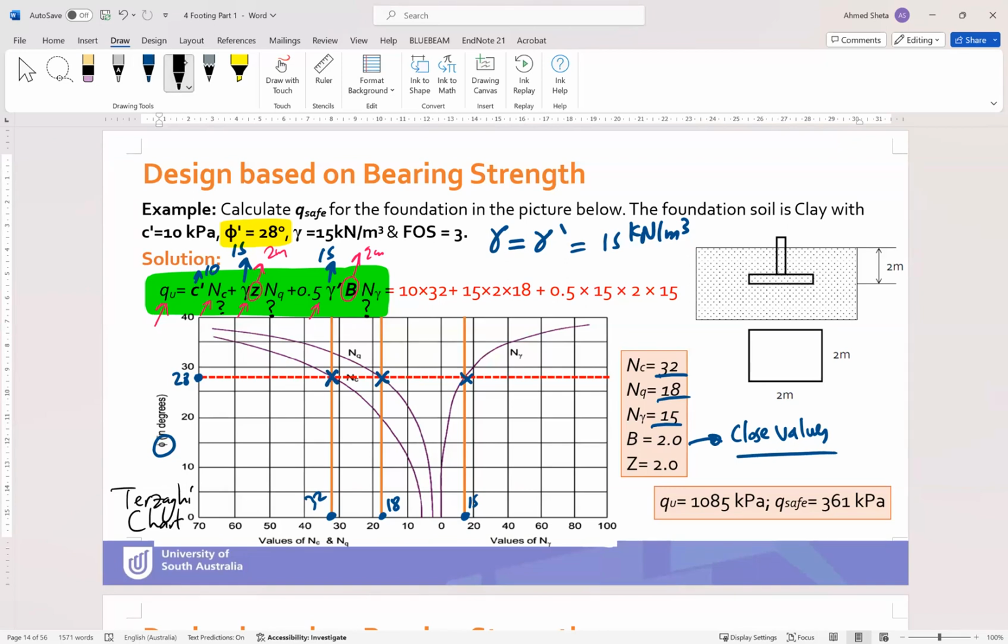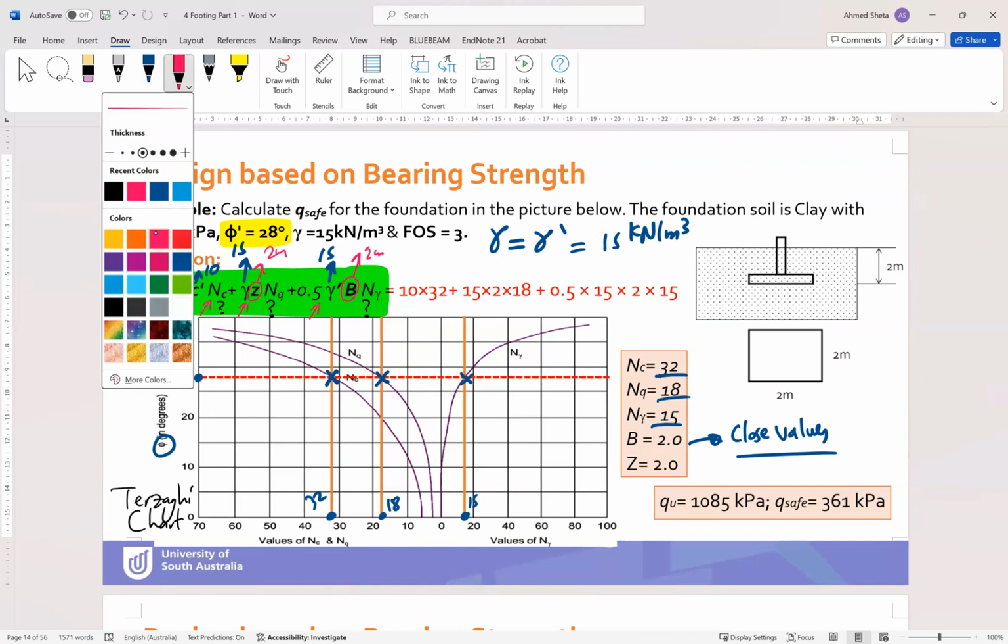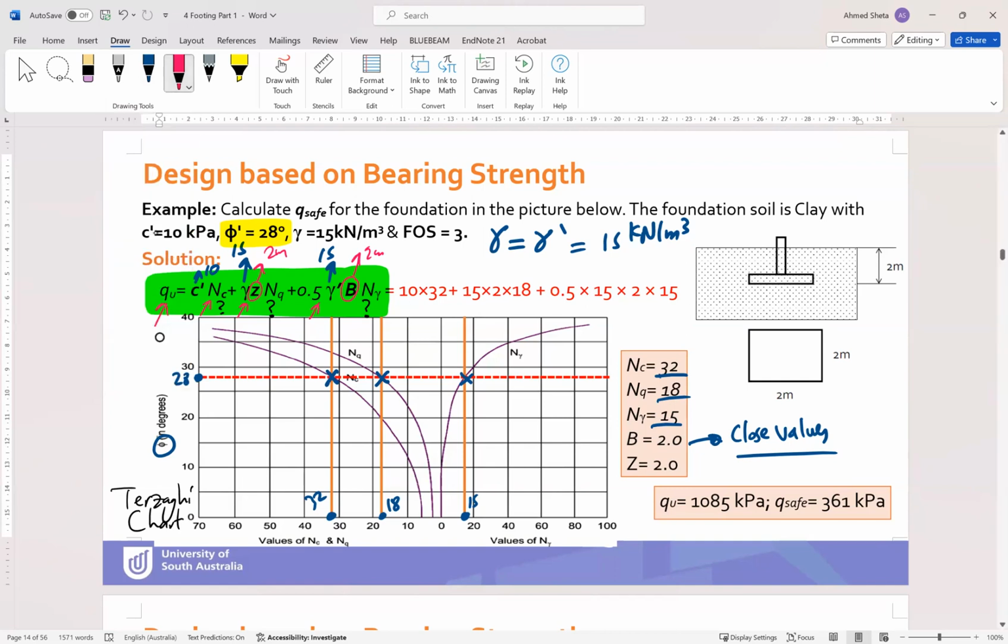Okay, so now if we look at the equation, we have all the required parameters. So the equation will be 10 times 32 plus 15 times 2 times 15 plus 0.5 times 15 times 2 times 15. So we get the value of Q ultimate as 1085 kPa. So Q safe equals Q ultimate divided by FOS, or the factor of safety.